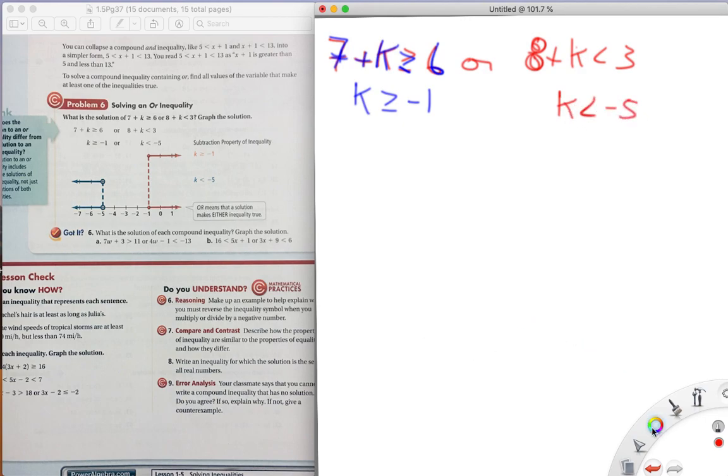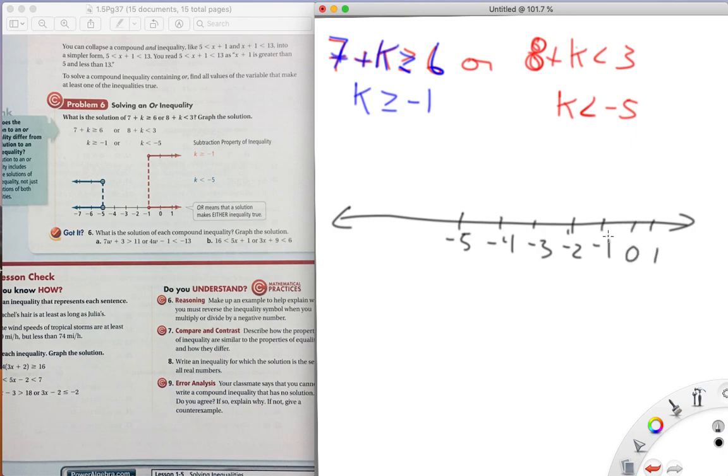Okay, so when I graph these, I have -5, -4, -3, -2, -1, 0, 1, -6, -7, -8.